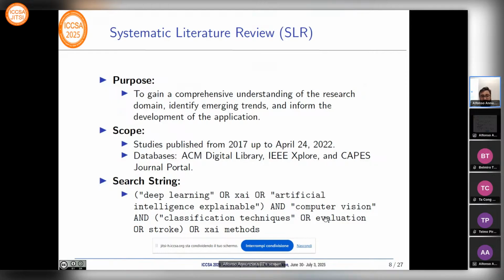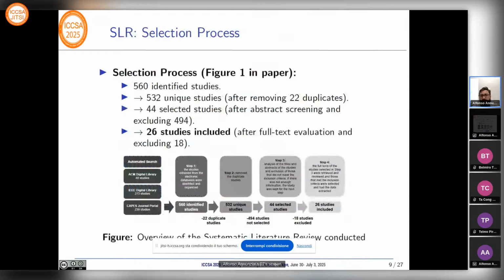Here is the search string that we used, with the terms deep learning, XAI, computer vision, classification techniques, and so on. In our systematic review, we found 560 studies, but after the first filtering, we removed some of them: duplicate studies, studies that were not related to our domain.